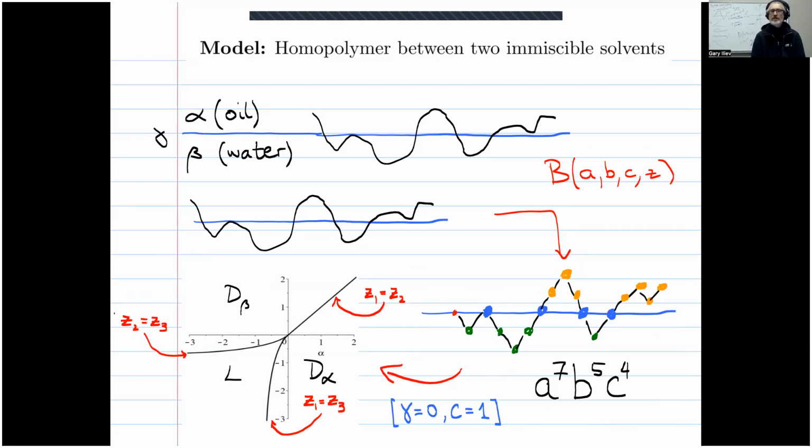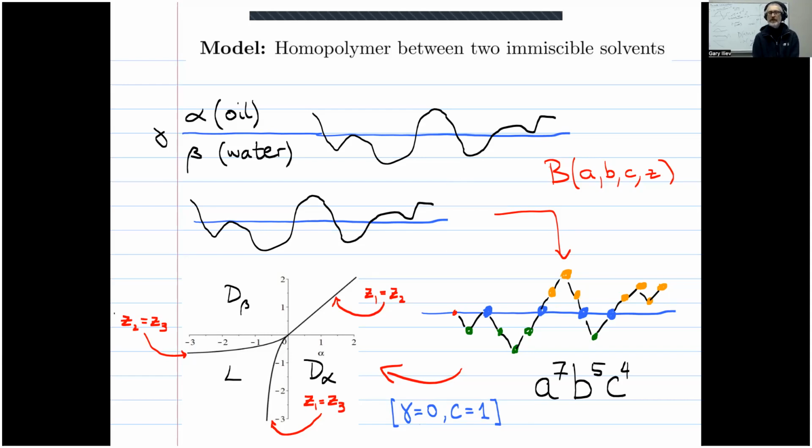So every single monomer here is identified as A. It's a homopolymer, and it's interacting with these 2 immiscible solvents, alpha and beta, above and below, and then this interface, gamma, which has this energy parameter C. And so what I see here is that if gamma equals 0, this is the simplest case, this effectively turns off the interface.